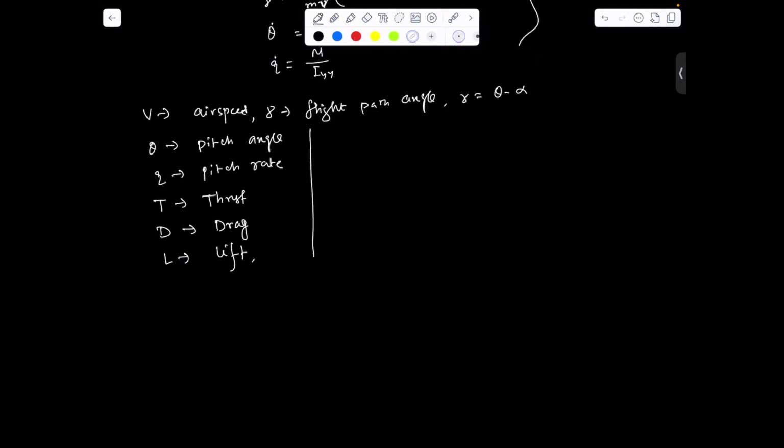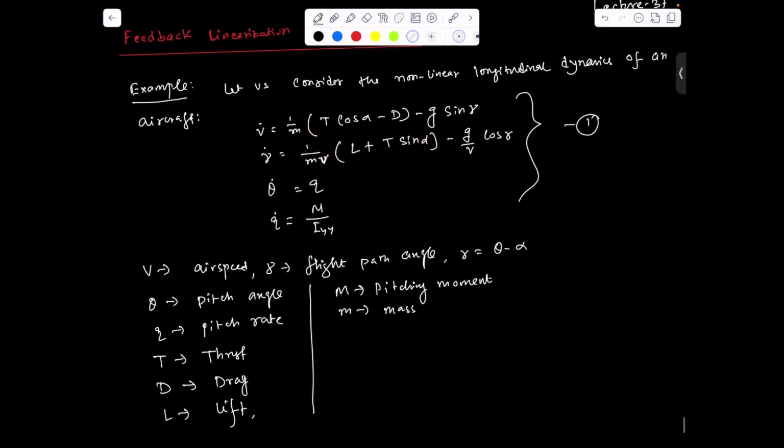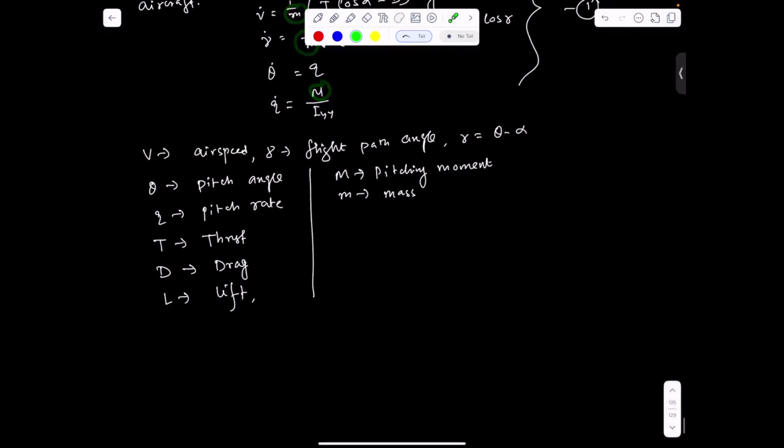Here capital M is the pitching moment, and small m is the mass of the aircraft. This is the small m, the mass, and this is the moment here in the q dot equation.